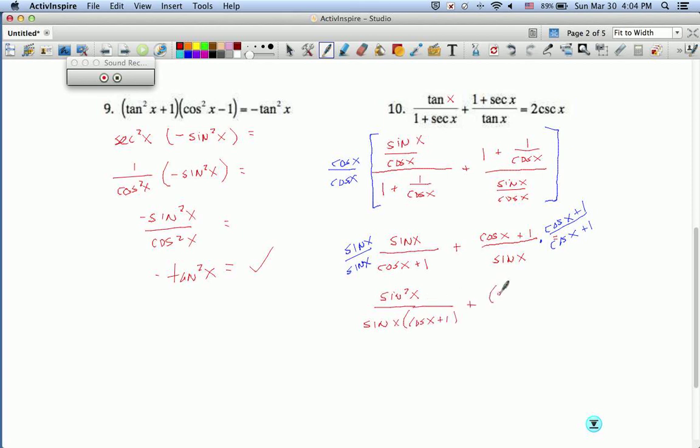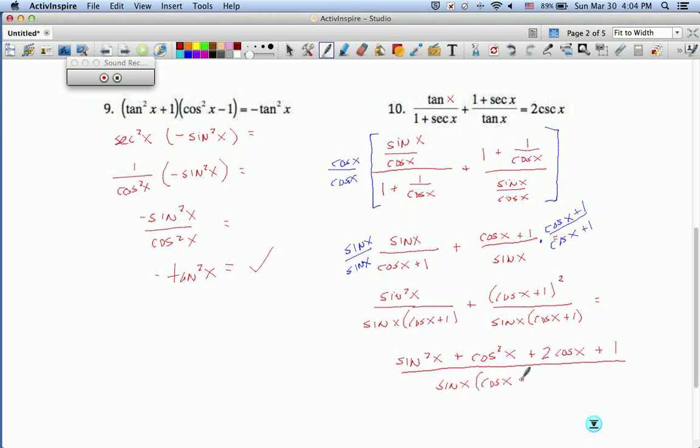Plus here I'm going to get cosine plus 1 quantity squared, and the denominator, obviously, the same as the other denominator. That was the point of doing this, to get the common denominator. So now I combine and get sine squared plus, we'll distribute that. You get cosine squared. Oh, that's convenient. Middle term will be 2 cosine, and the last term is a 1. And that's all over sine times cosine plus 1.